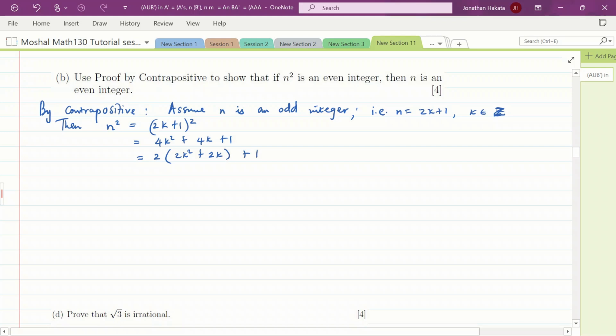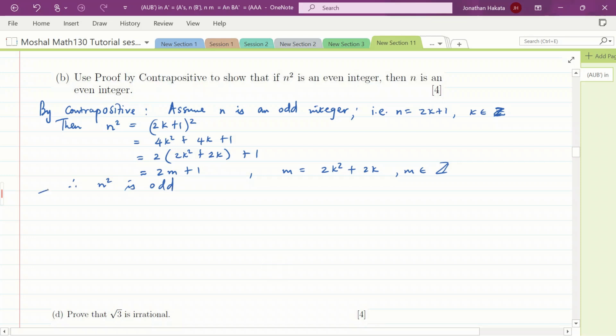So this is equal to 2m plus 1, where m is equal to 2k squared plus 2k. m is an integer. Alright? And clearly 2m plus 1 is the structure of all odd numbers. So we say therefore n squared is odd.